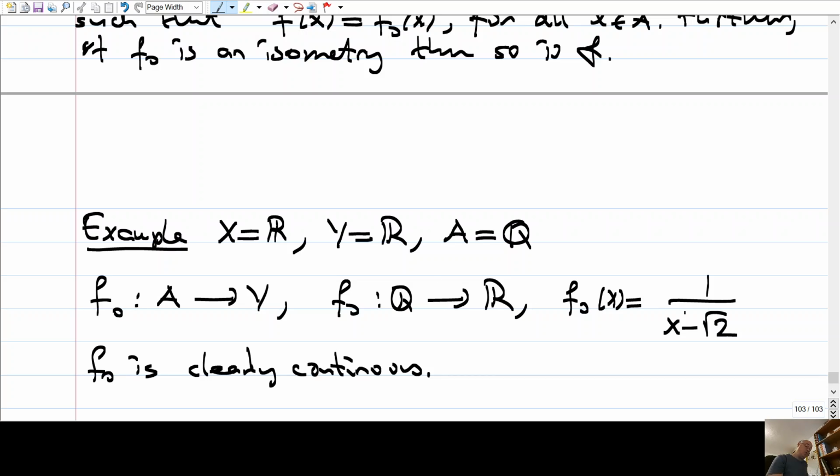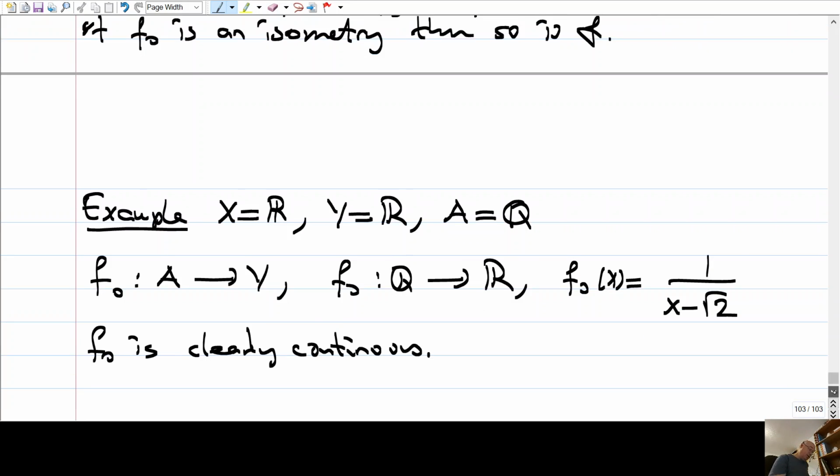It's a continuous function, so why not extend it to all real numbers? Well, if you extend this function to real numbers, then I should be able to plug in the real number root 2 here. But because of continuity, at root 2 the value of this function should be 1 over root 2 minus root 2, and in that case the denominator will be 0.